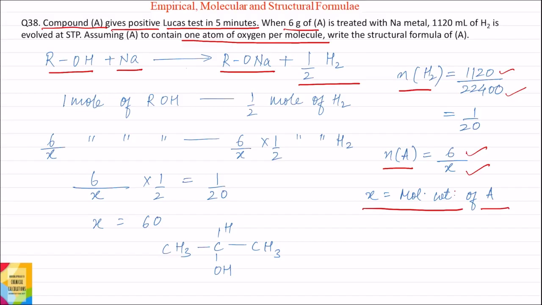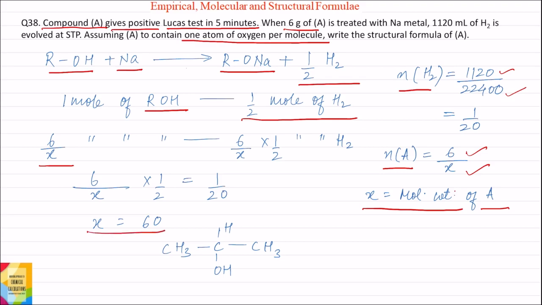Now 1 mole of alcohol gives half mole of hydrogen. Therefore 6 by X moles of A will give 6 by X into half moles of hydrogen. Here ROH represents A. Now we can equate the moles of hydrogen: 6 by X into 1 by 2 moles of hydrogen is equal to 1 by 20. Solving this, the value of X is 60.